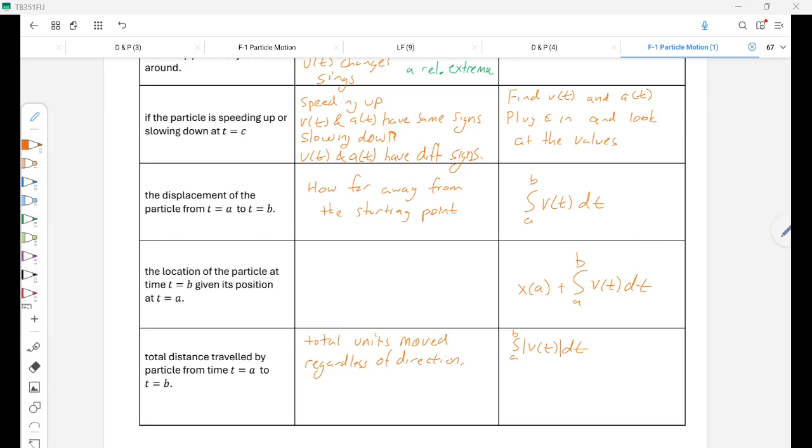You need v of t if you weren't already given it, and set it equal to 0. And then integrate from a to b by intervals. And those intervals are directly related to where you found the zeros, right? I mean, I feel like I could write a paragraph to actually explain that out.